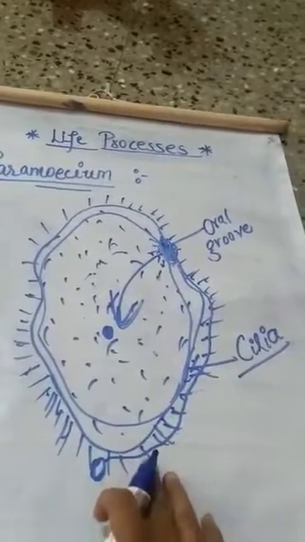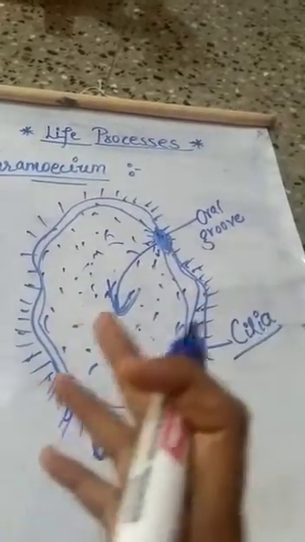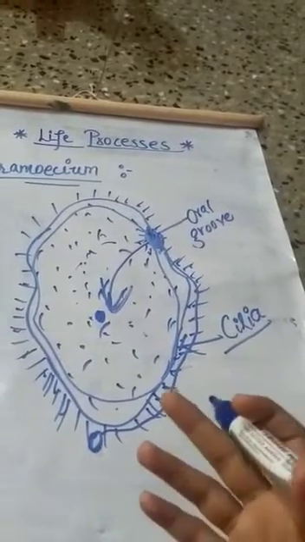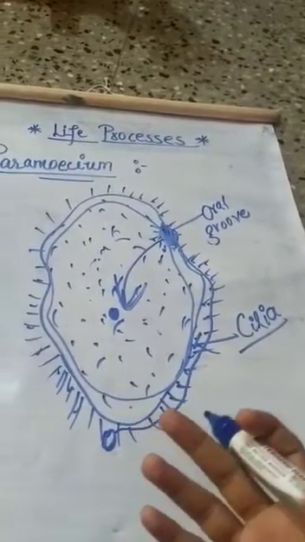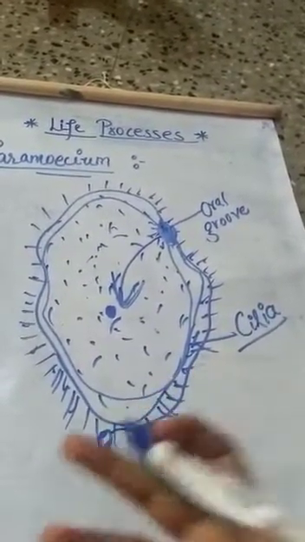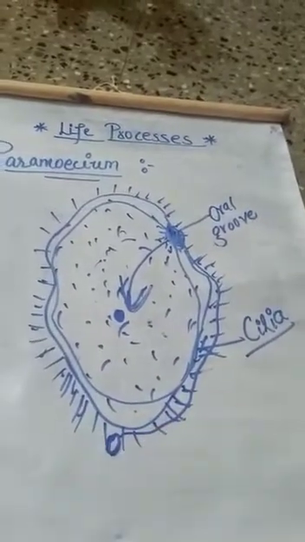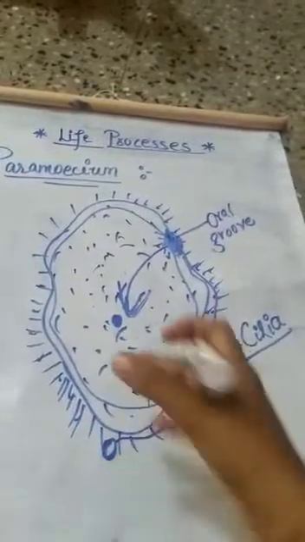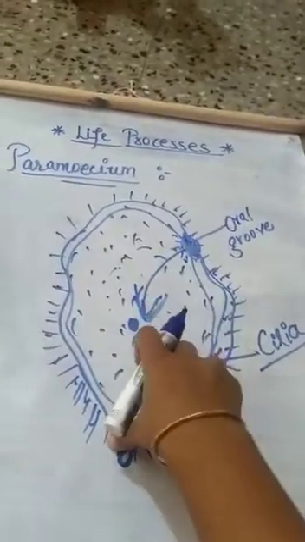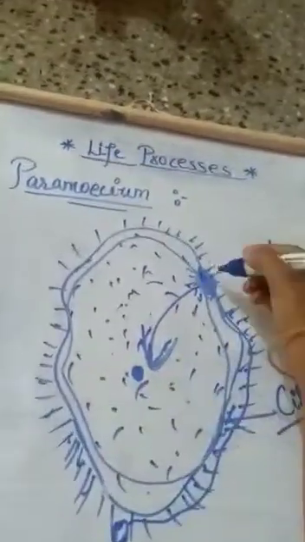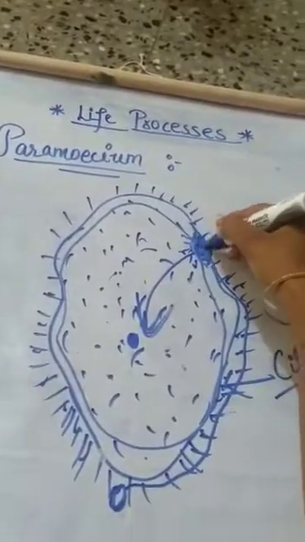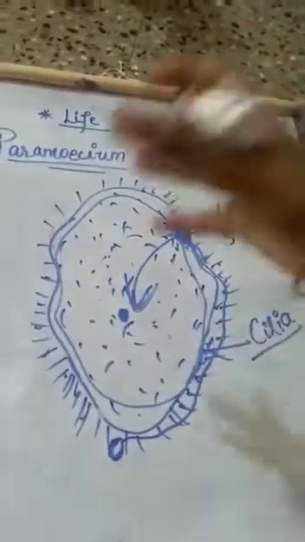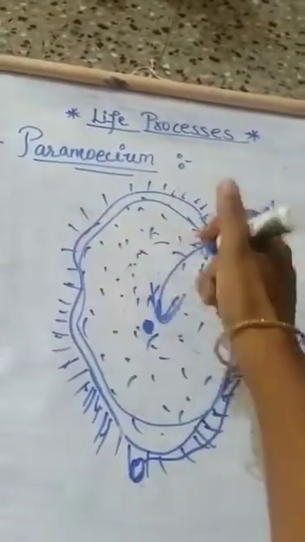So students, basically if you see the difference between amoeba and Paramecium, amoeba takes its food from its entire surface, wherever it can give the projection. But this is not the case in the Paramecium. A Paramecium has a particular spot over here, that is the oral groove spot, where it traps the food, and then that food enters the body here.